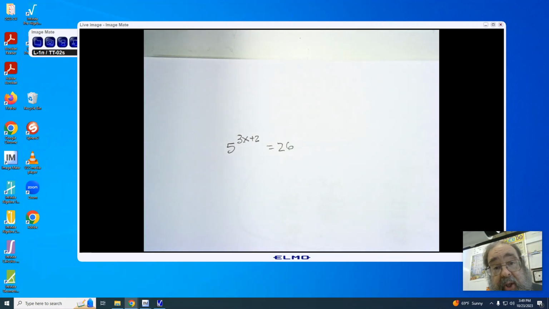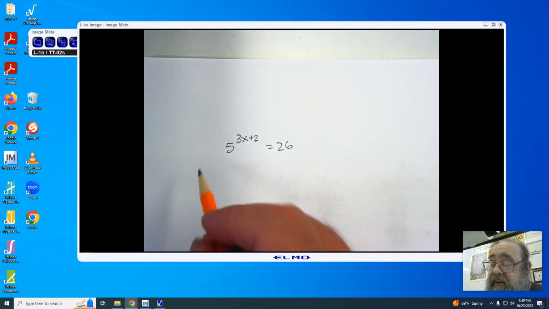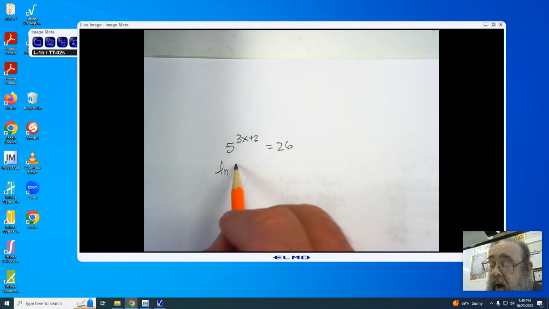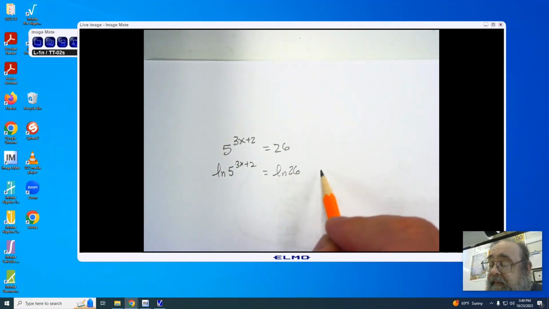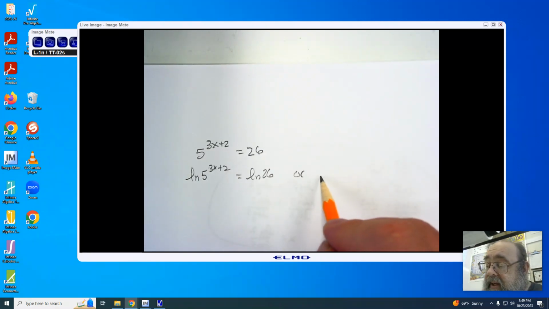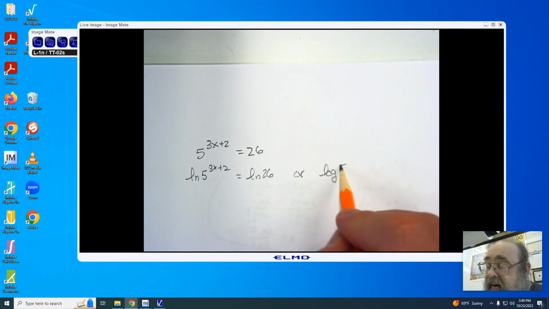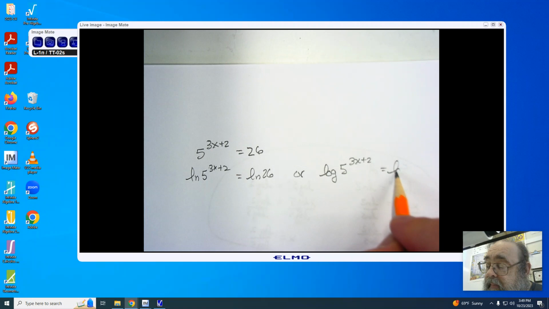Okay, we're going to use the common log. Once again, choose either the natural log and put it in front, that's what I just did, or, for those of you who prefer, log base 10 of 5 to the 3x plus 2 equals log base 10 of 26.